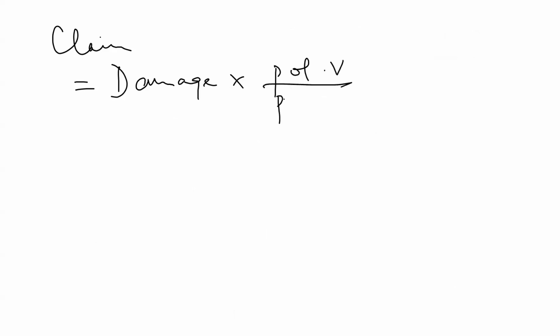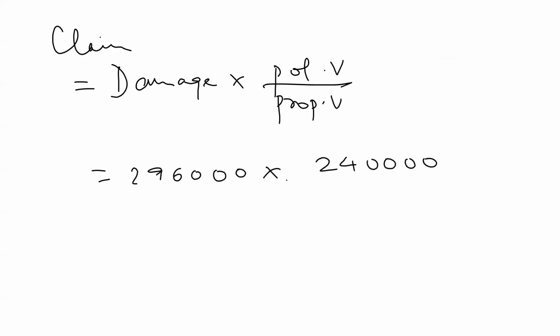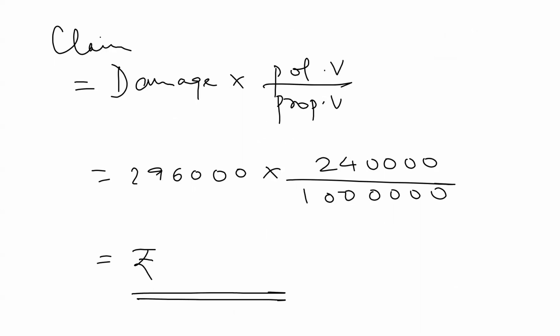If we have read the problem, claim is equal to damage into policy value upon property value. All these values we have right now with us. You can calculate this answer on your own. Fine.